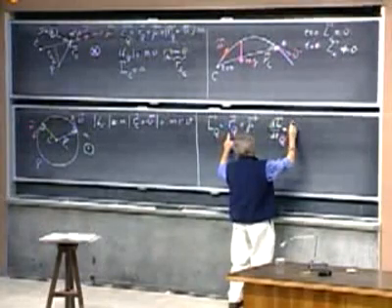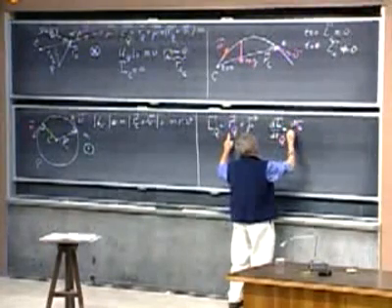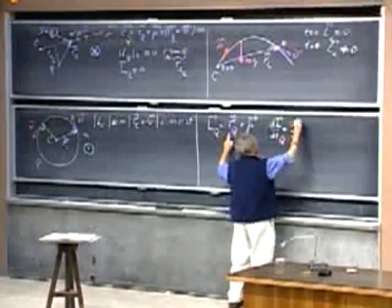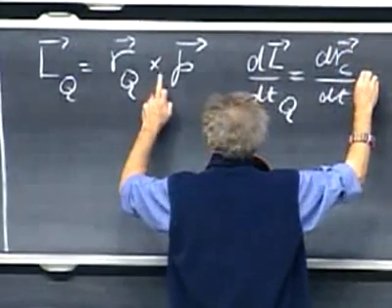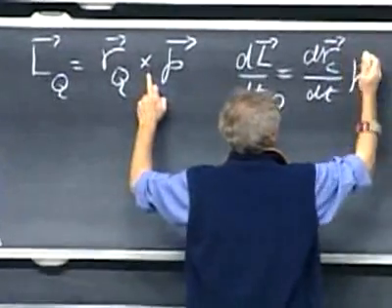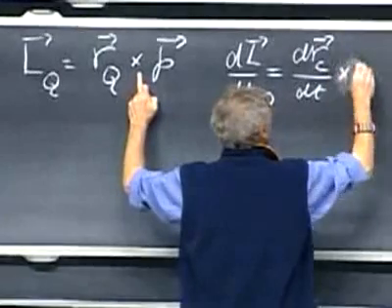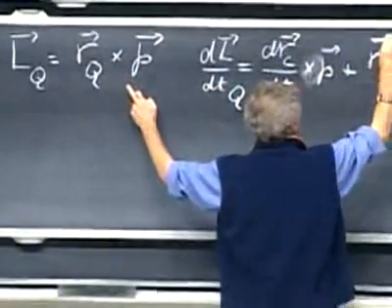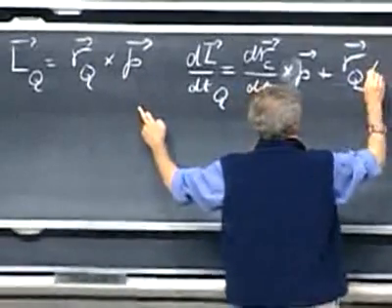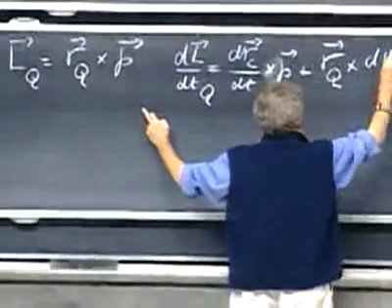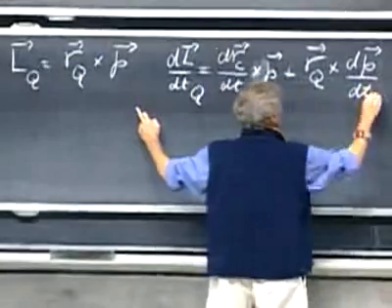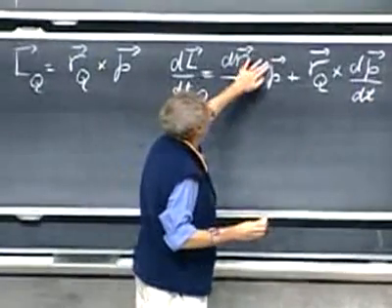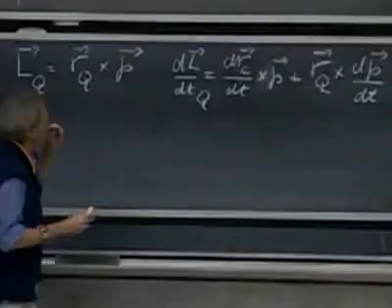That is going to be dr/dt, excuse me, cross p plus r of Q cross dp/dt. This is the way that you take the time derivative of a cross product.